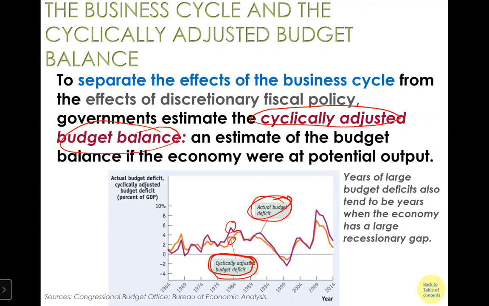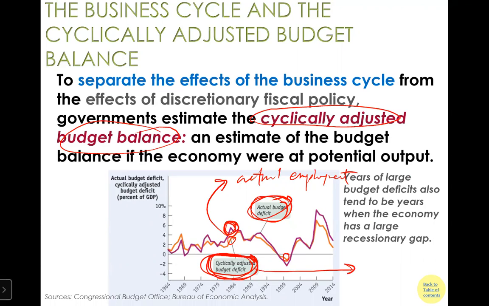When we are in the expansion, the cyclically adjusted deficit is slightly larger than the actual deficit. The difference comes from the fact that the actual budget deficit uses our actual employment level, right?